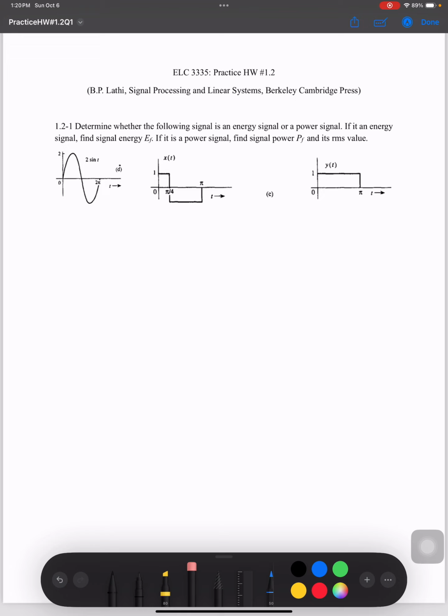To do this question, let's first see the definition of the energy signal and the power signal. For the energy signal, the definition is a signal with finite energy.